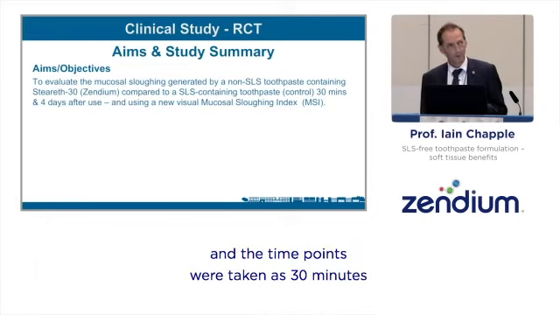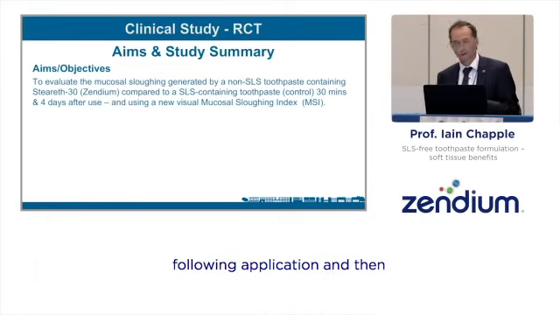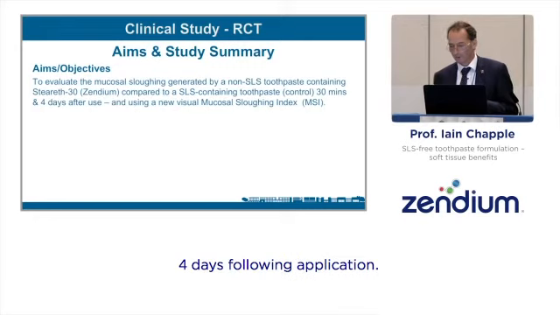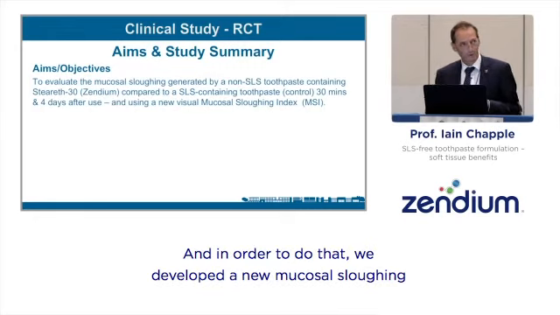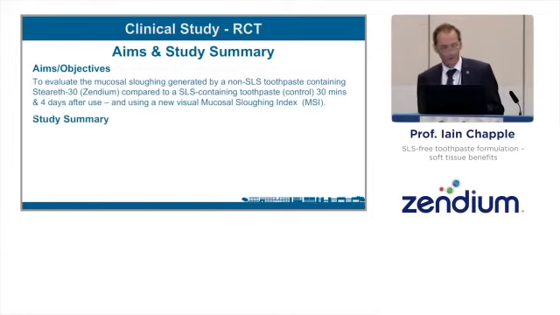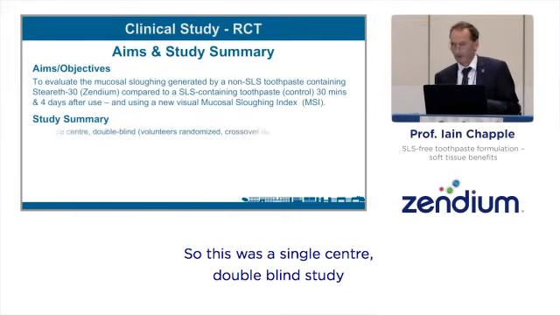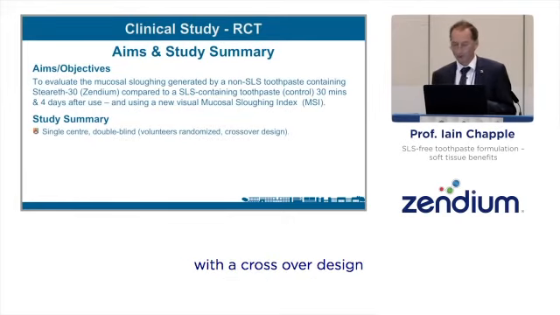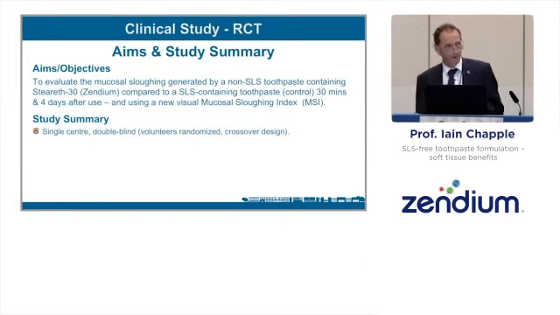And the time points were taken as 30 minutes following application and then 4 days following application. And in order to do that, we developed a new mucosal sloughing index in order to quantify the sloughing. So this was a single center, double-blind study with a crossover design.